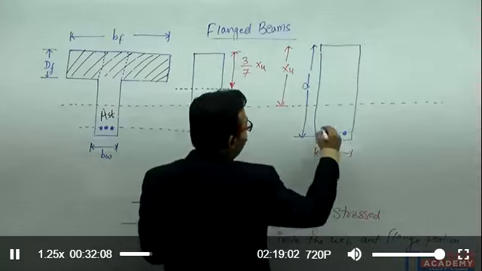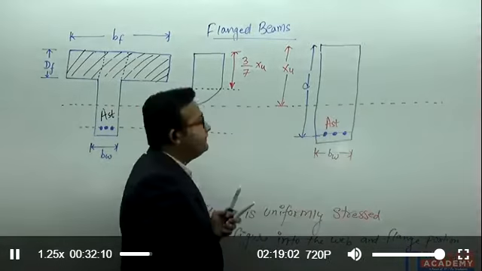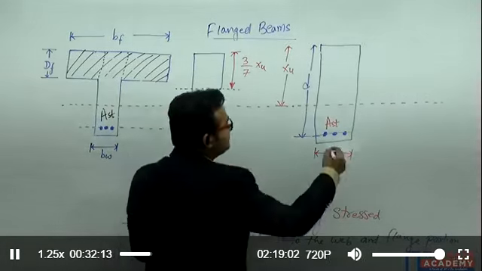The total area of reinforcement you have provided is AST 1.